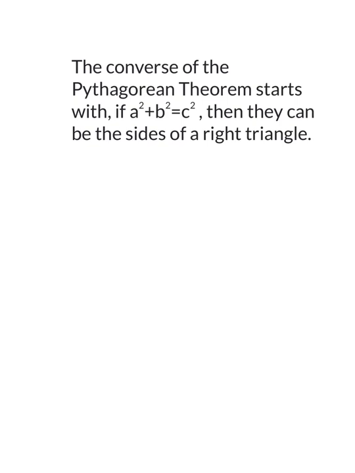So the converse of the Pythagorean theorem starts with if you have three numbers and you put them into this equation, a squared plus b squared equals c squared, then they can be the sides of a right triangle.